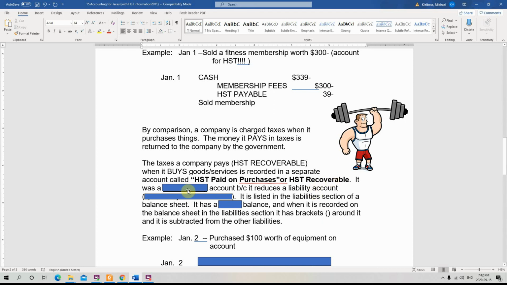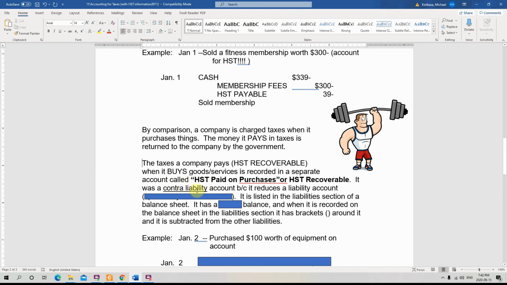It is a contra liability account. So a new type of account. And a contra account reduces another account. So a contra liability reduces a liability.